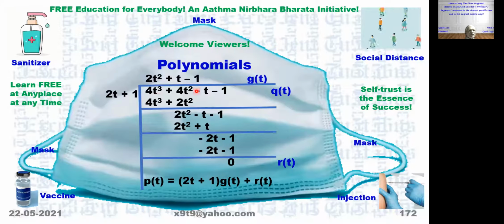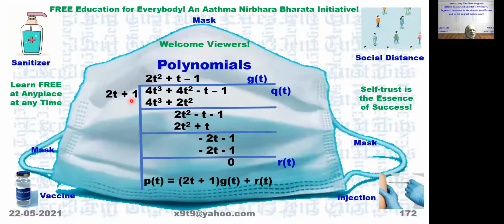Draw a horizontal line like this, and then draw a vertical line also like this. Now inside this corner, you write 4t cube plus 4t square minus t minus 1, which is the dividend. Here you write 2t plus 1, which is the divisor.